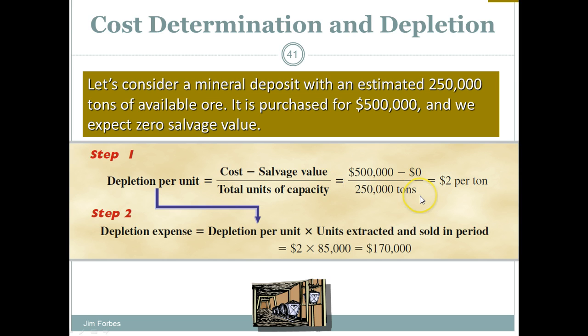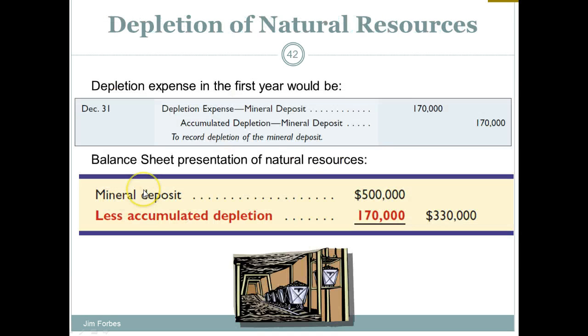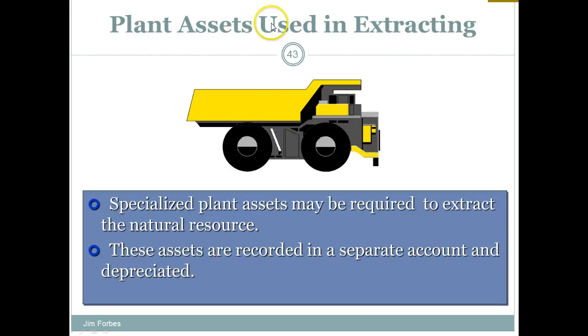So it's the same method, although we use a different word for depletion versus depreciation. And again, you'll also have an accumulated depletion as you extract that asset from the ground, whereas plant assets are depreciated, and they're separate from natural resources.